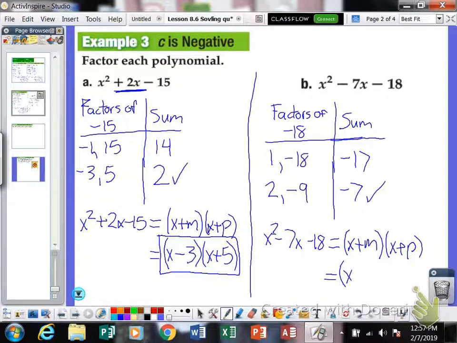It's going to give us x plus 2 and x minus 9. And if you FOIL that, you would get x squared minus 7x minus 18.